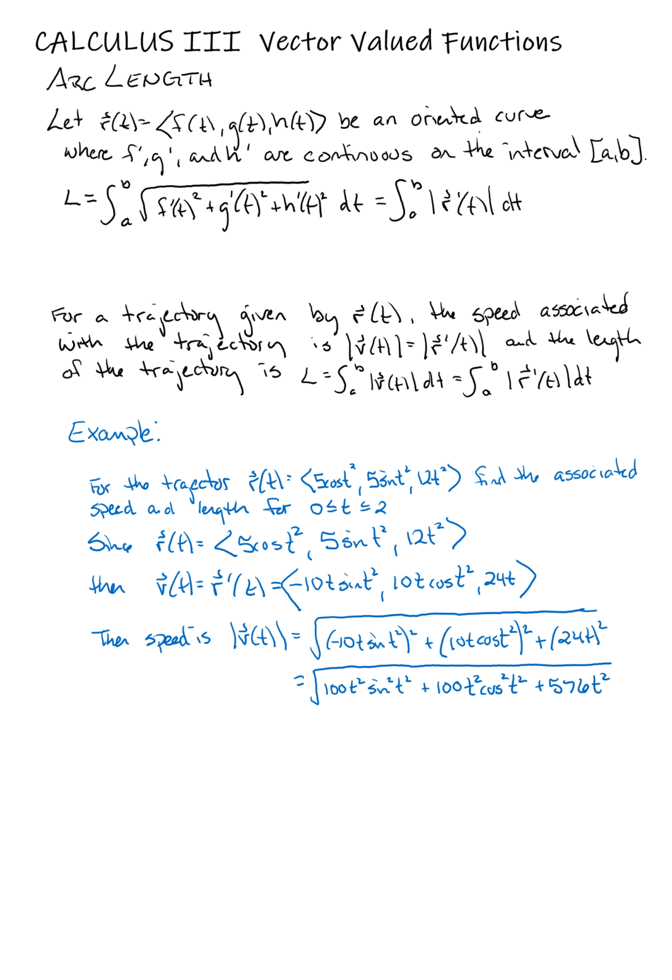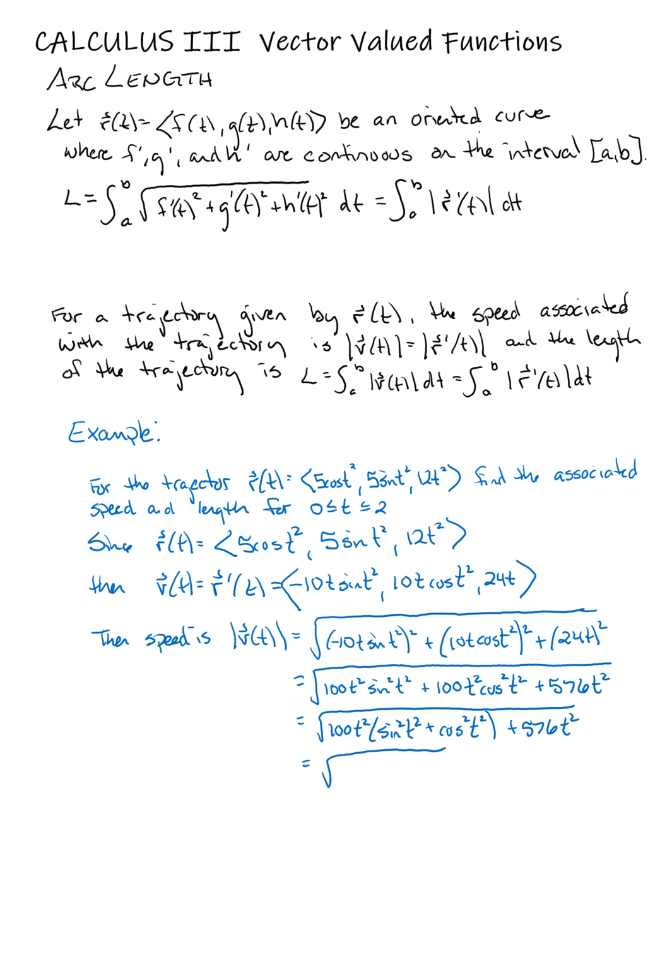Yeah, okay. Now what we want to do next, I'm going to go ahead and factor out that 100t squared, and notice what's left is sine squared plus cosine squared, which is just a 1.